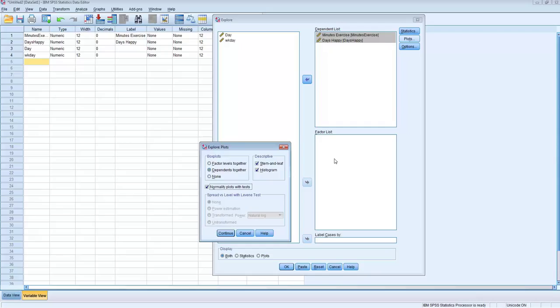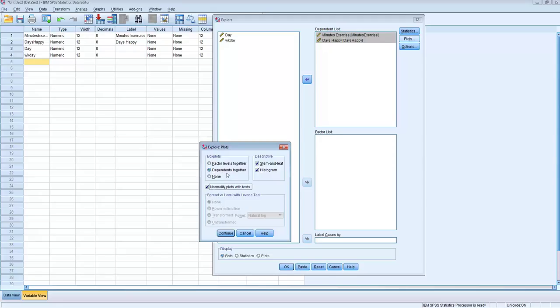If I was interested in the differences that exist between boys and girls in my analyses, I would bring the gender variable into the factor list, and then I would see the distribution of the data by the categories of sex or gender. But since I do not have any factors in this case, I simply leave factors out.